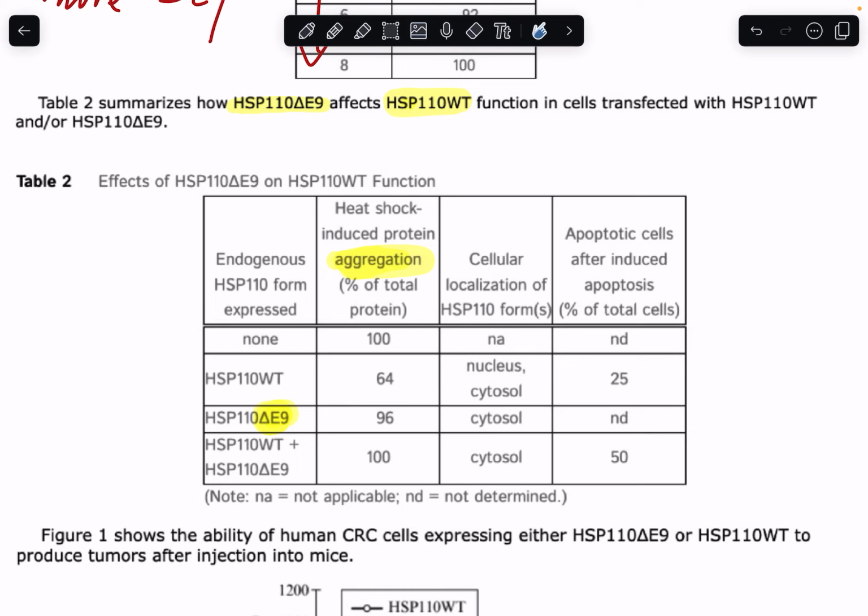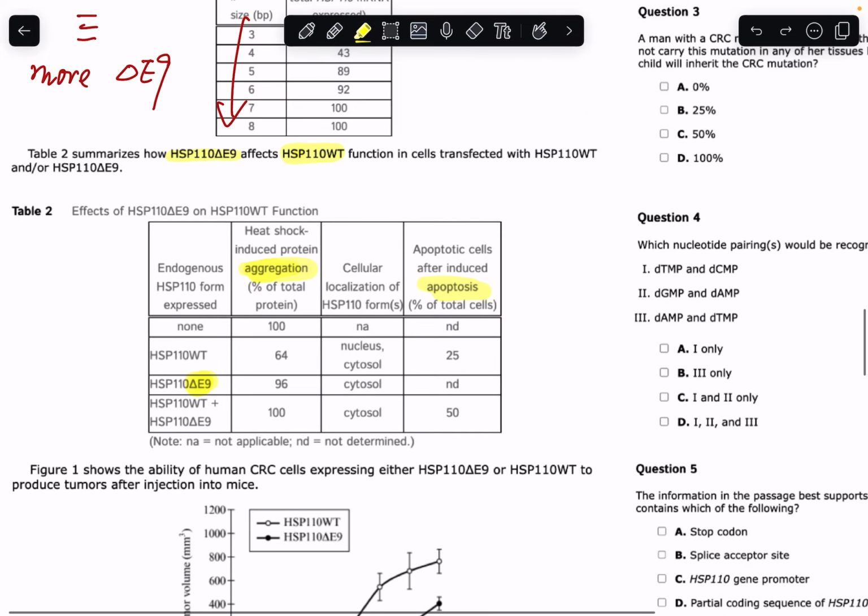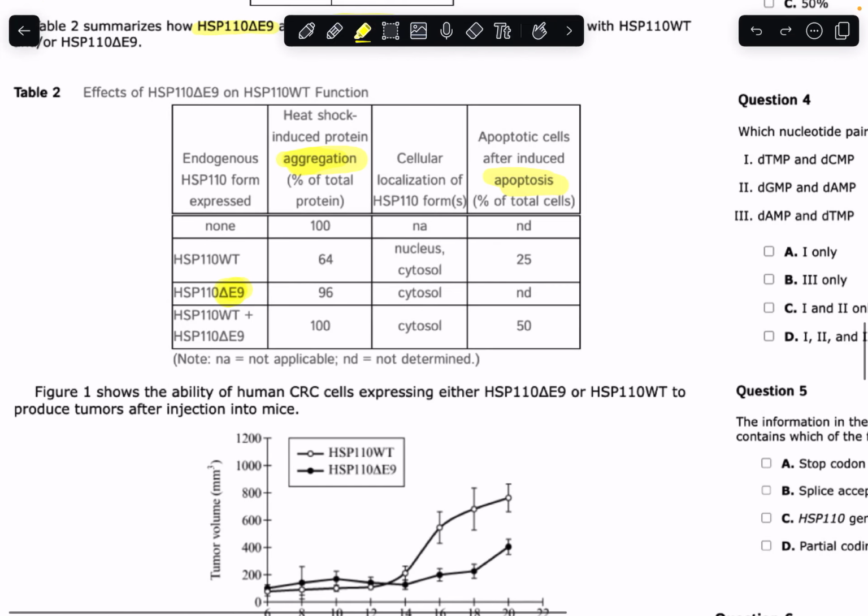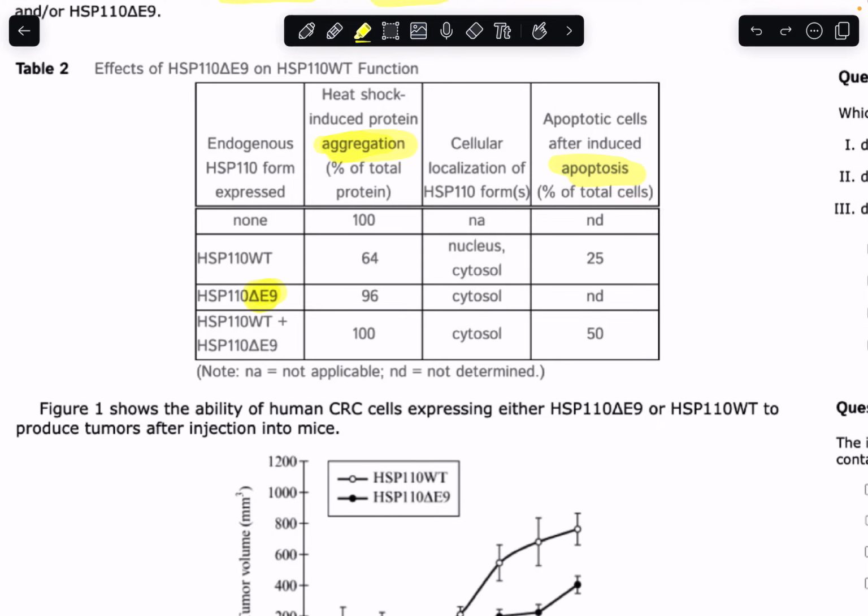The more of this mutant delta E9 I have, the more apoptosis I will have. So I am going to highlight this, okay? So I know that the more mutant delta E9 you have, the more aggregation and the more apoptosis, and then the less cellular localization, as I didn't highlight this, okay? All right, so that's just my personal way of analyzing this table, okay?